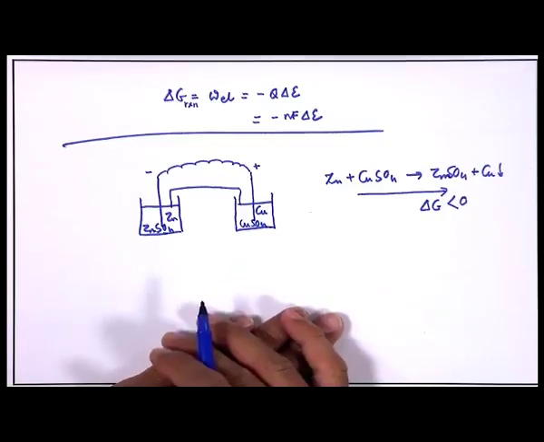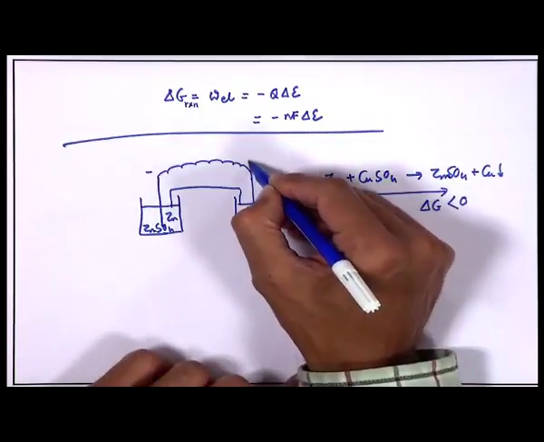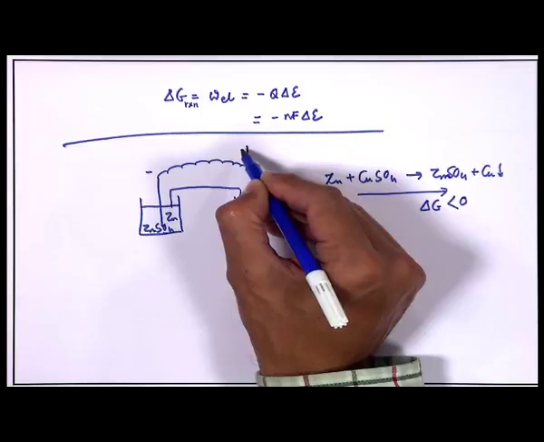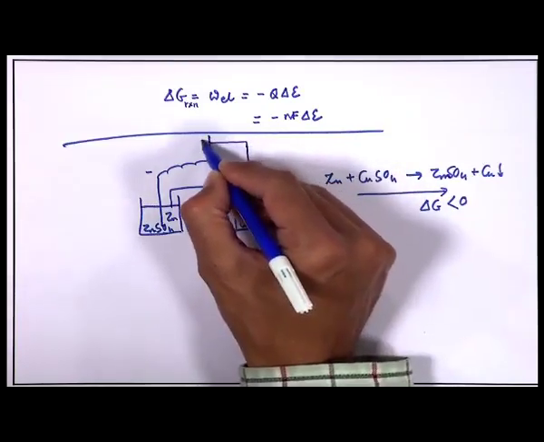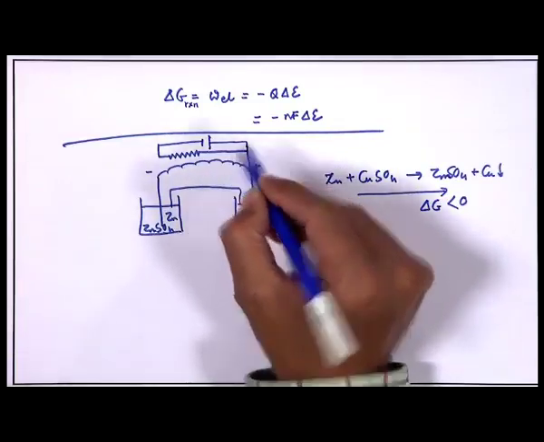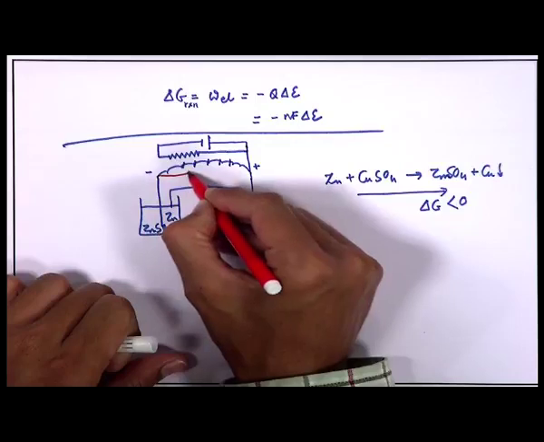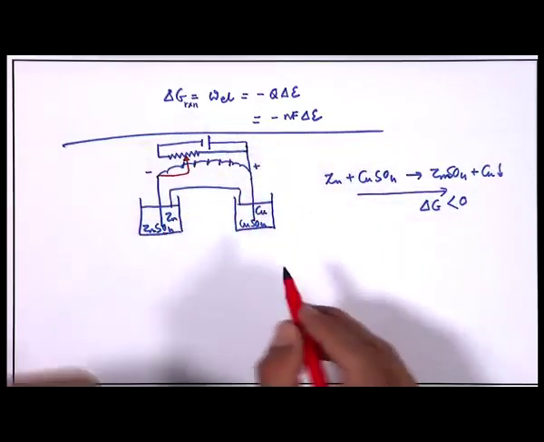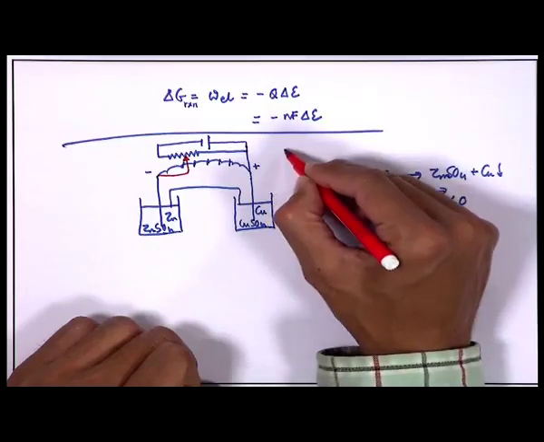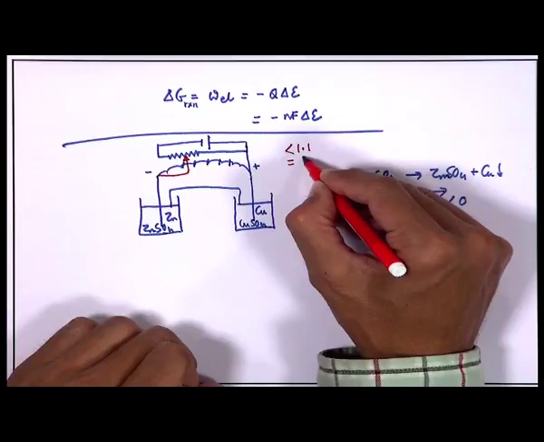Okay. So, it is an electrochemical cell. Now, if we attach this with an external source, just remove this one and attach this side with a variable resistance, such that the external potential difference is either less than 1.1 volt or equal to 1.1 volt.